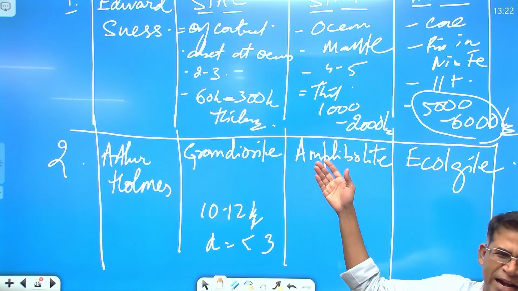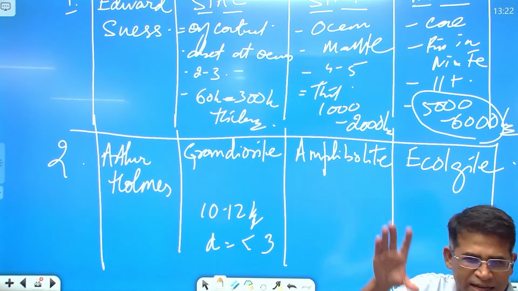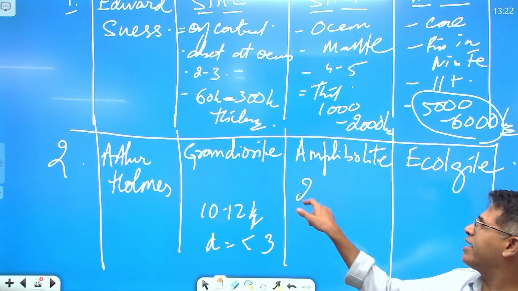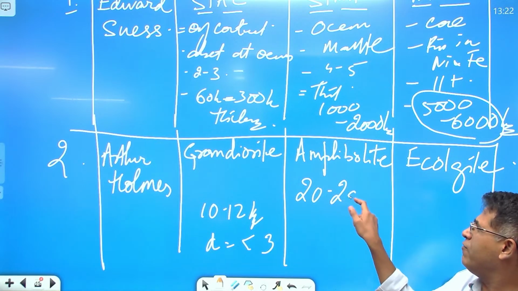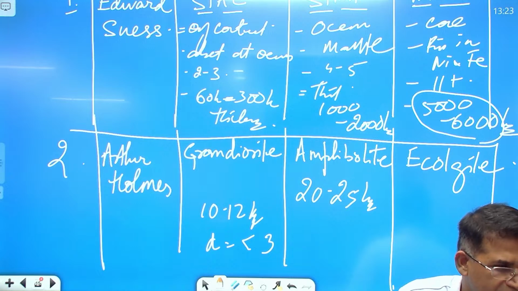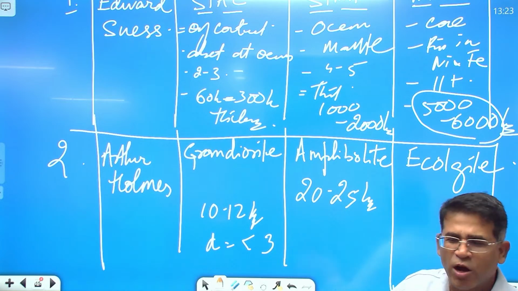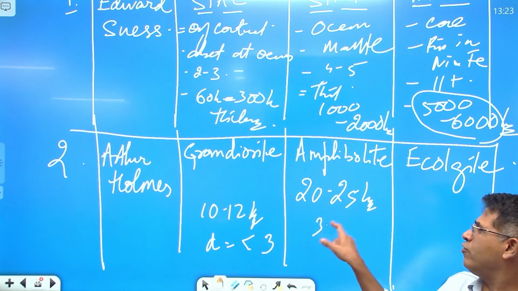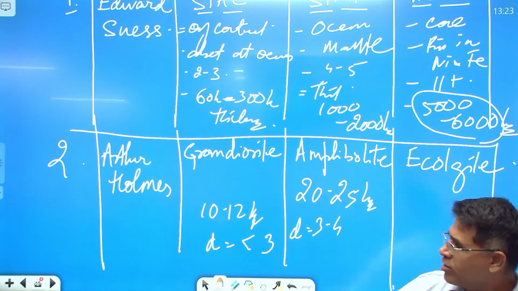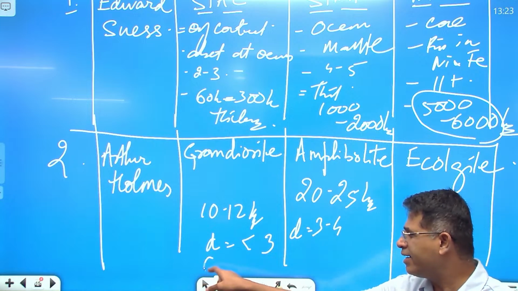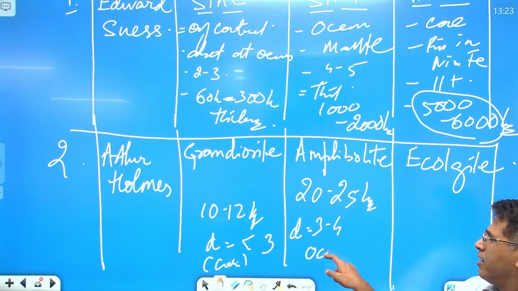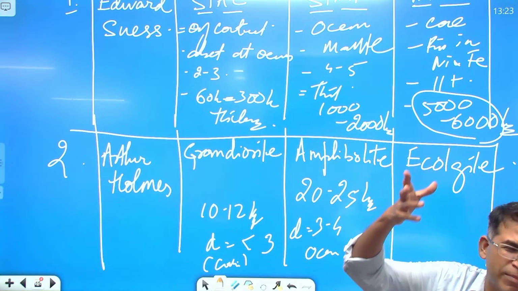The amphibolite layer is the next layer, approximately 25 kilometers thick, with a density of about 3 to 4. This is more like the continents. This is more like the oceans and parts of the mantle maybe.